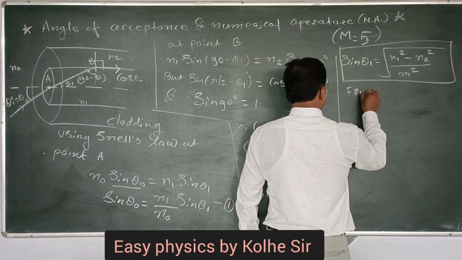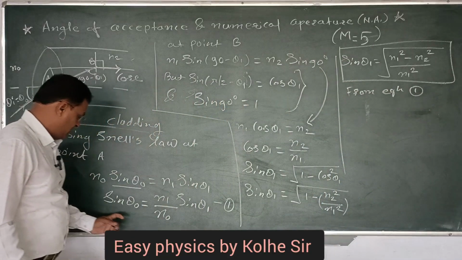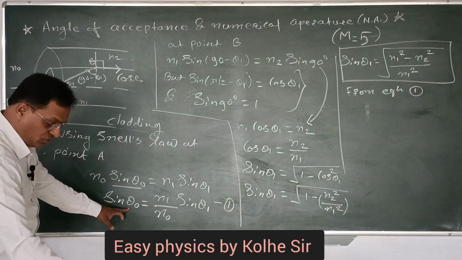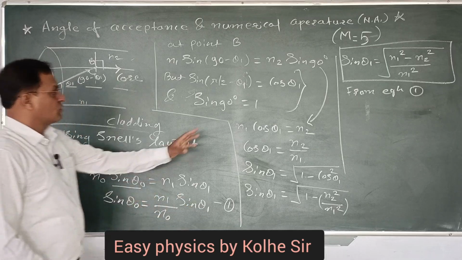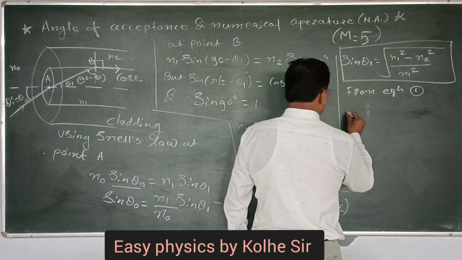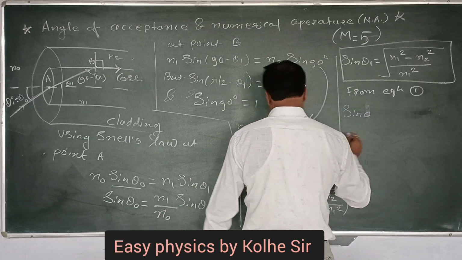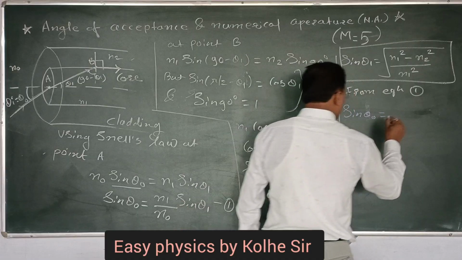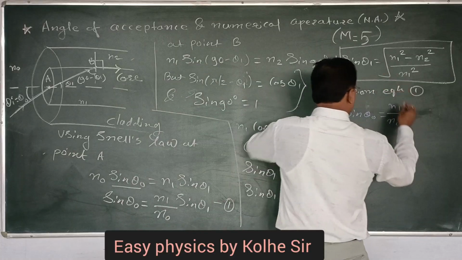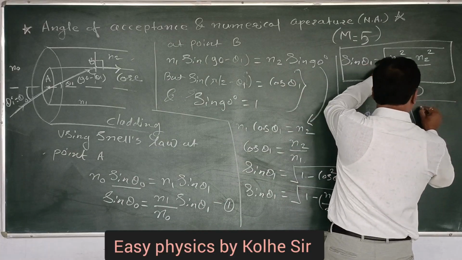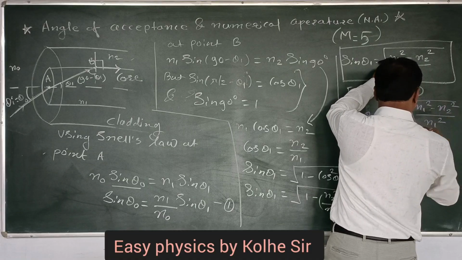So from equation number 1. So what is the equation number 1? Sine of theta suffix 0 is equal to n1 upon n0 sine of theta 1. So above equation become sine of theta suffix 0 is equal to n1 upon n suffix 0, and this is the value, root of n1 square minus n2 square upon n1 square.